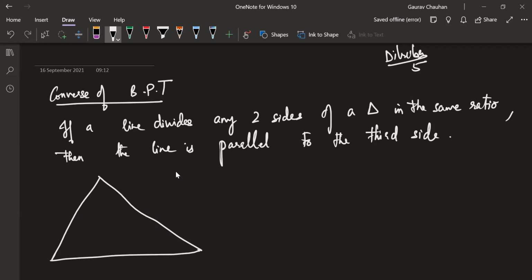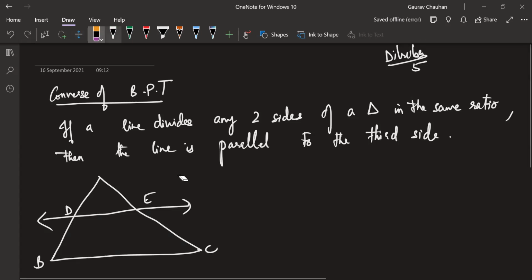You have some line. Just draw something close to parallel, because you're going to end up proving that it's parallel, but we don't actually know whether it is parallel or not. We don't have that information. So we have A, D, E, B, C. This is our triangle ABC.